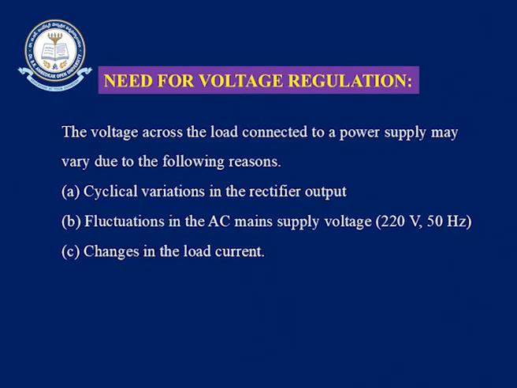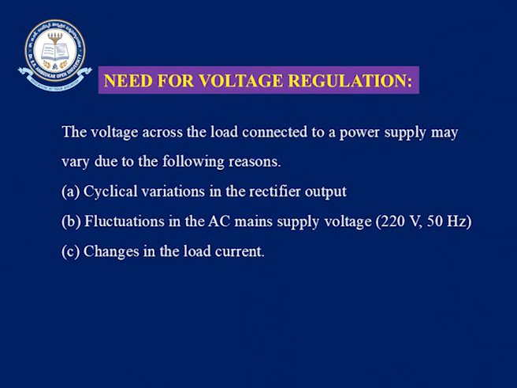Now, why do we need voltage regulation? The voltage across the load connected to the power supply may vary due to the following reasons. First, cyclical variations in the rectifier output.